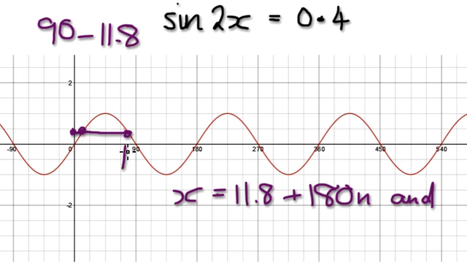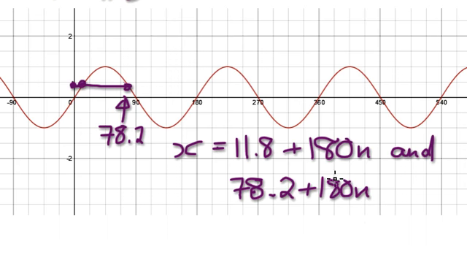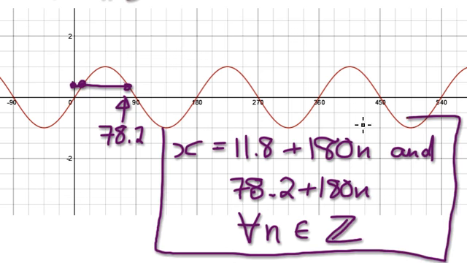So this point here is 78.2. So our second set of solutions will be 78.2 plus multiples of 180n, and we have to state that for all n. Remember, this is a symbol for all n belonging to the set of integers. So this here would be our final solution.